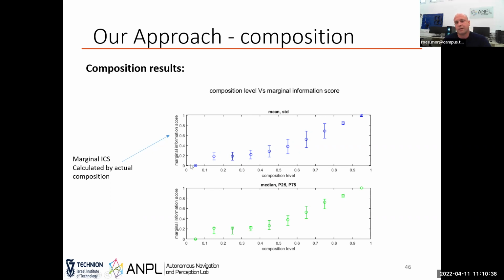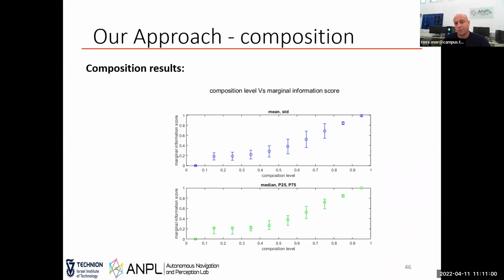It means that if the nodes are far from the actual information, they are going to get lesser information when you actually do the composition, and vice versa. Okay, so this is a very good result. It means that we understand how the composition works.